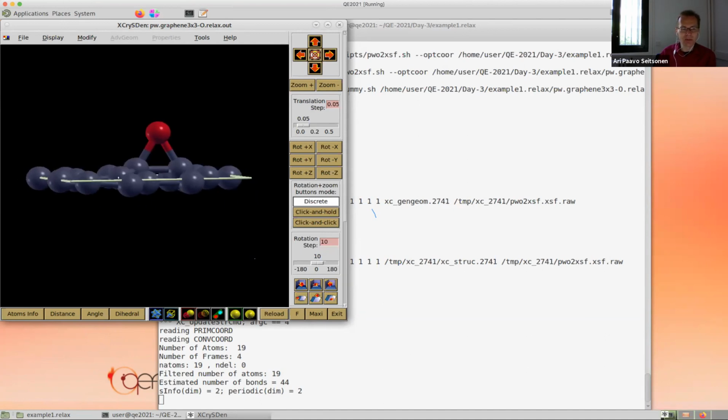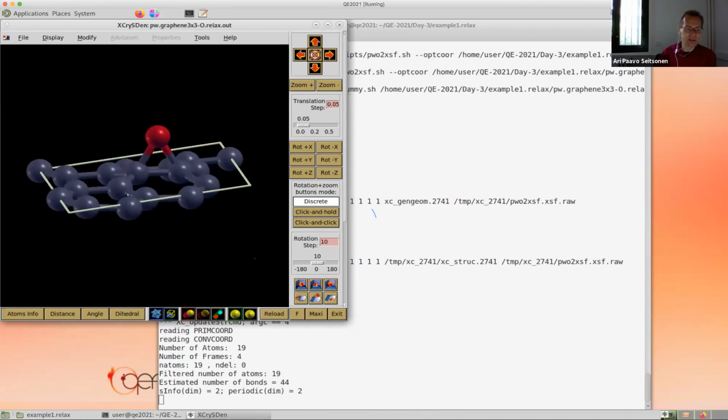Maybe also the second neighbors, but less. So it's kind of clear that the carbon doesn't want to keep the planar hybridization, so it kind of lifts a little bit to get closer to the sp3, and then probably there are the dangling bonds on the other side. But this is expected that two carbons would also lift with the oxygen.